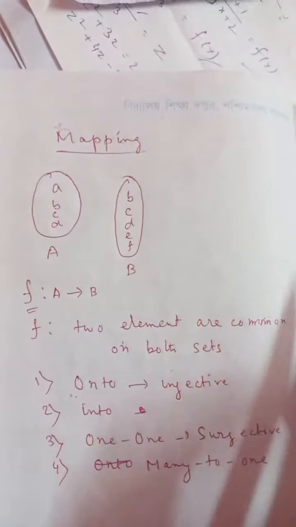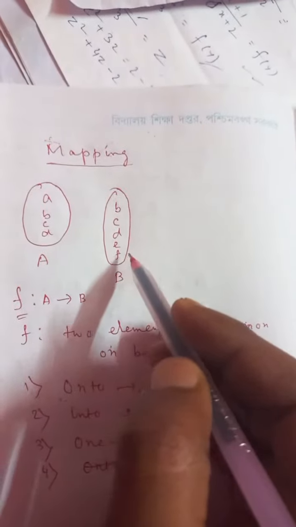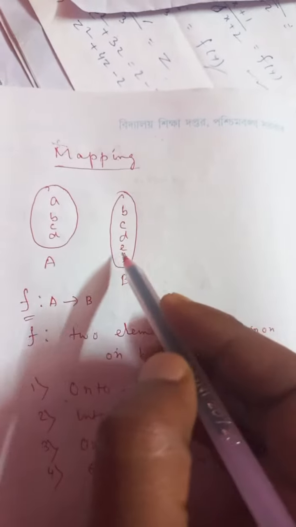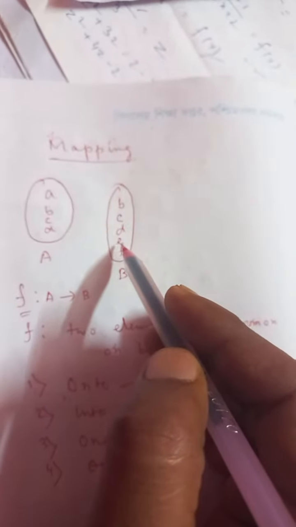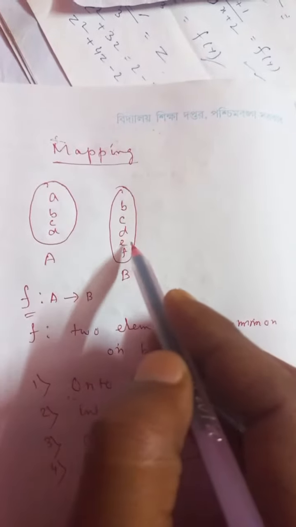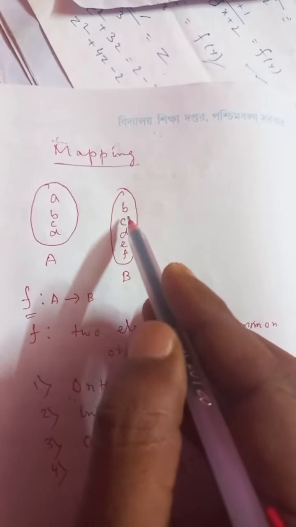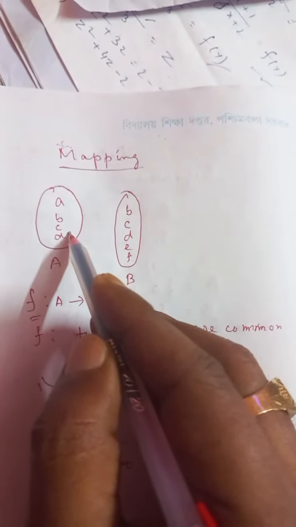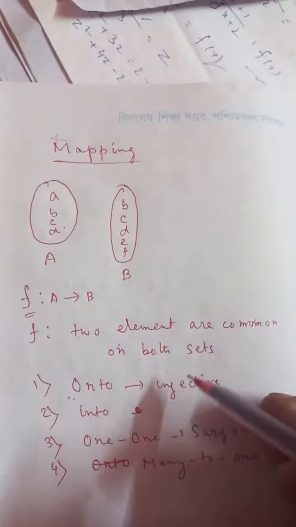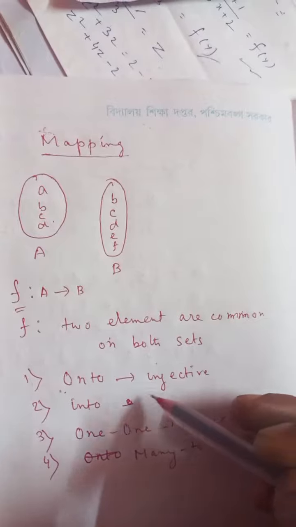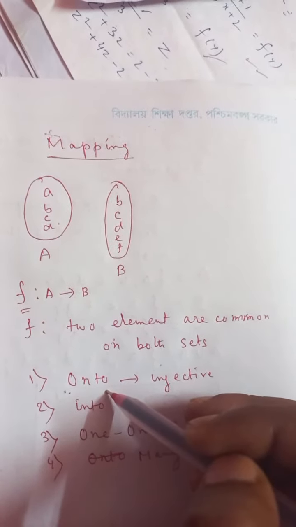So onto means, like if we take a mapping from B to A, here there are 5 elements and there are 2 elements, and for all the elements there must be an element here.